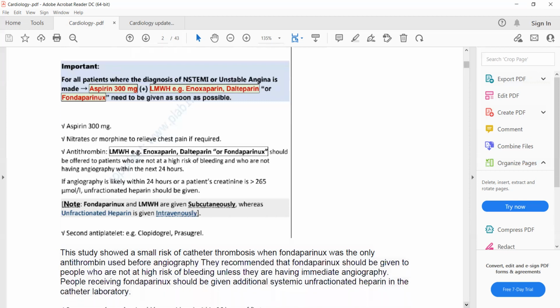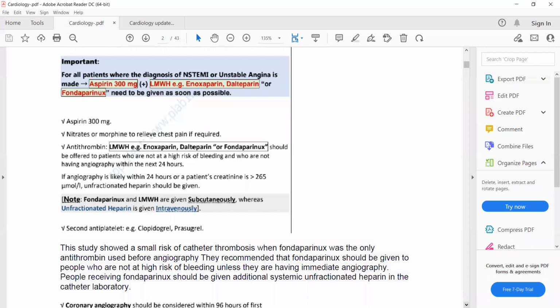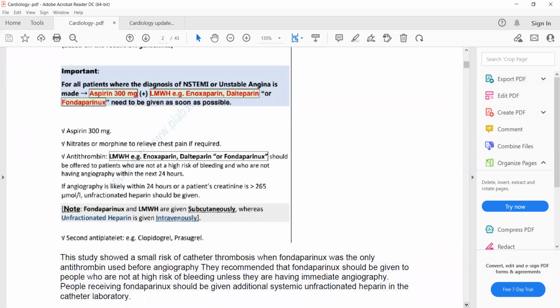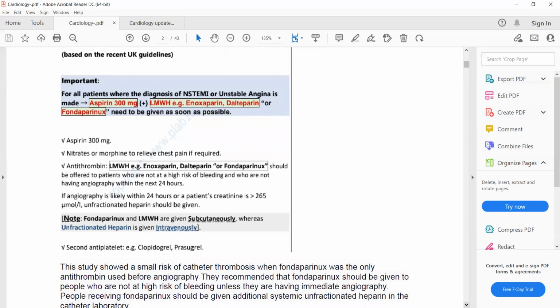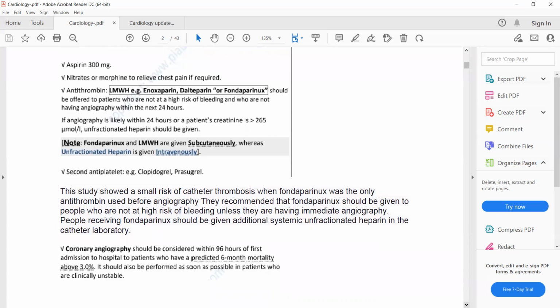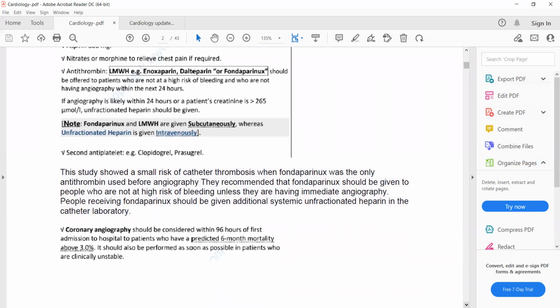Now, the patient is admitted with non-ST elevation MI or unstable angina. Now you need to calculate his predicted 6-month mortality.